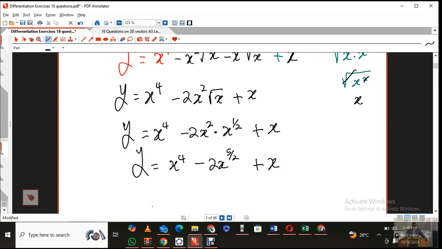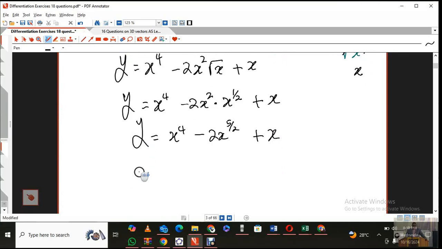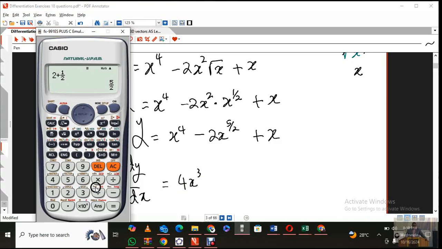Now I'm ready to differentiate y with respect to x. So dy dx is going to be 4x cubed, and then reduce the power. Multiply, you must be very careful here when you're multiplying. So you're going to multiply 5 over 2 times negative 2. So you'd say 5 over 2 times, of course, negative 2.